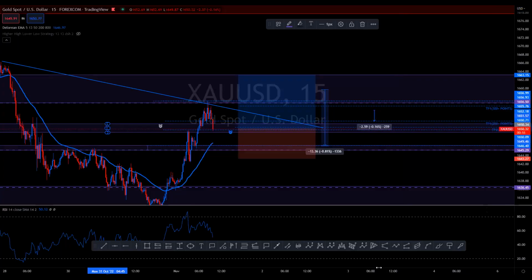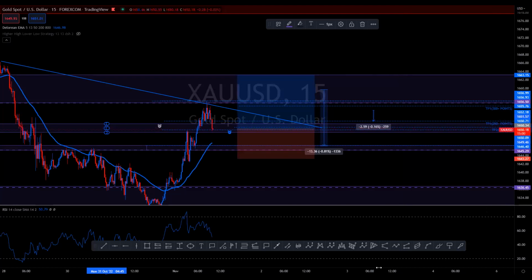So the news candle is about to hit. We'll see what happens. 10, 9, 8, 7, 6, 5, 4, 3, 2, 1. It drops.